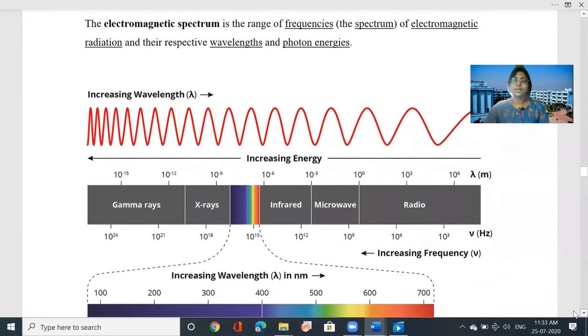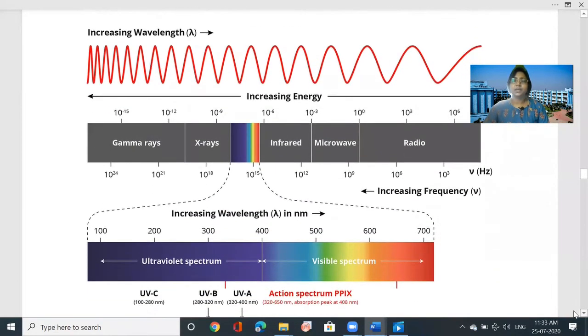Here you can see different types: visible spectrum, ultraviolet spectrum, which you learned in the last class, gamma rays, X-rays, infrared, microwave, radio. Today we will discuss infrared electromagnetic radiation.